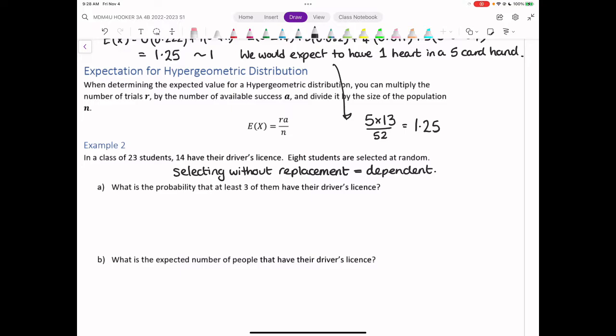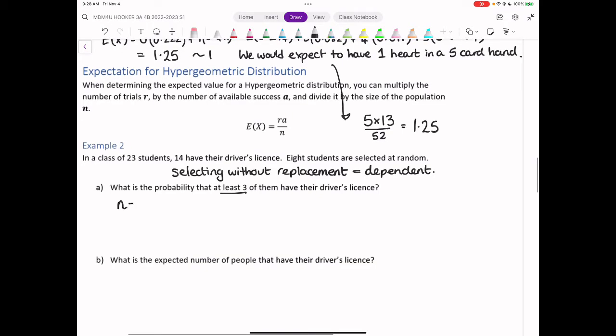What is the probability that at least 3 of them have their driver's license? Okay, so now we have number of students is 23. We have our number of successes, the number of people who we could select from who do have their driver's license, is 14, and we are selecting 8 students.